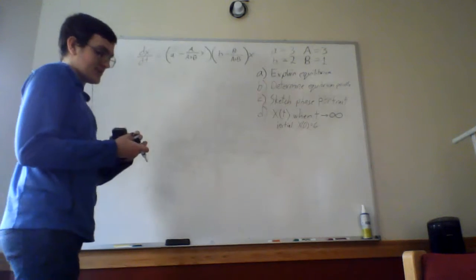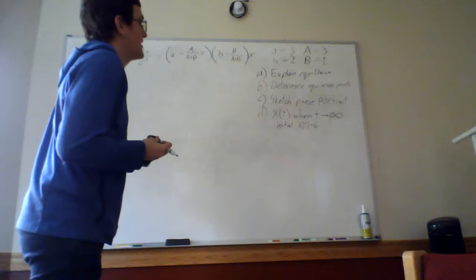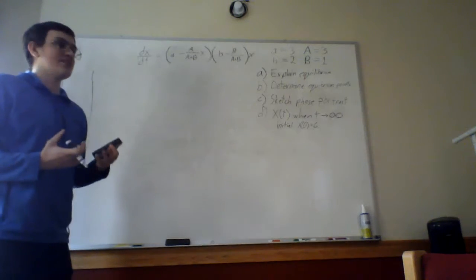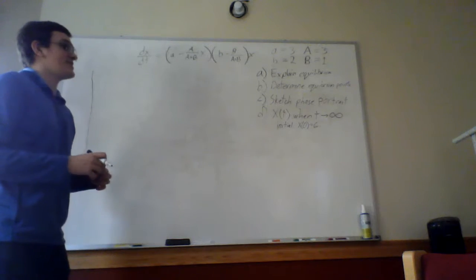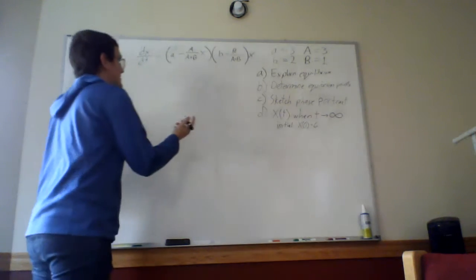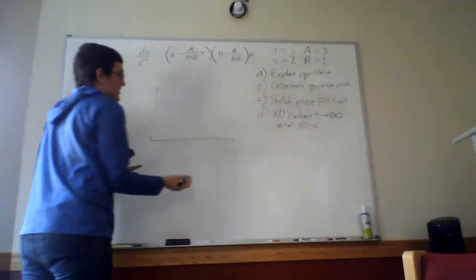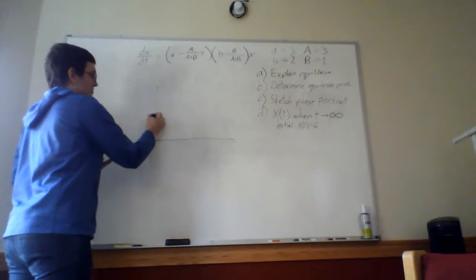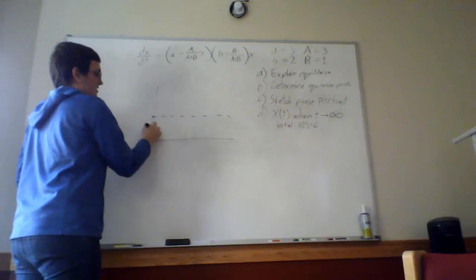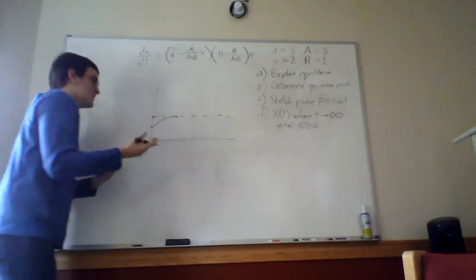All right, so the first step in problem number 1 is to define what an equilibrium is. An equilibrium is a solution at which a differential equation basically flattens out. In an ODE, if you draw a graph of it, the equilibria are the points which the slopes of any other solution will go to.